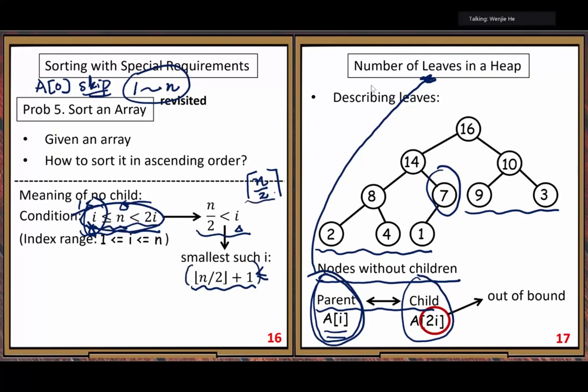That way is sometimes not correct. Why? Because here we want strictly less than. If you use that way, when n is even, these two expressions are the same, and if your i takes greater or equal to, then you count one more.